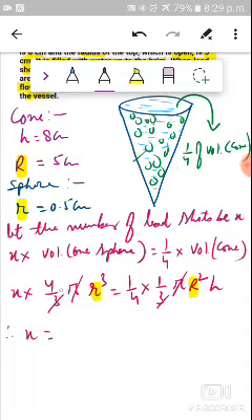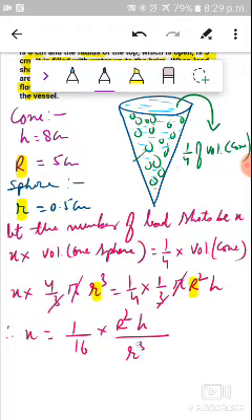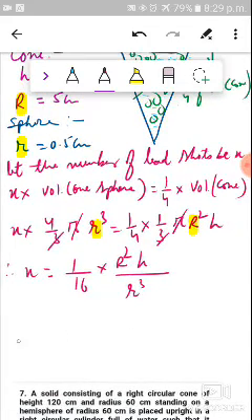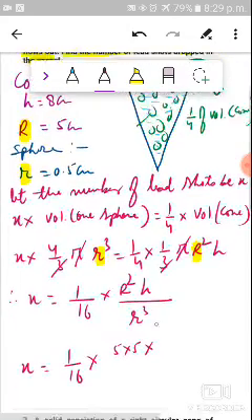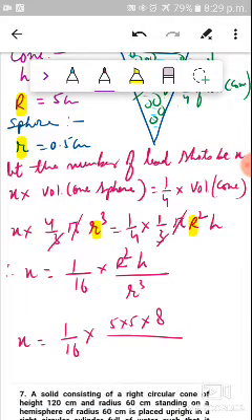Transposing 4 r cube to right hand side, so it will be 1 by 4 into 4, that is 16, and multiply R square h by r cube. Okay, then putting the values, we will have x is equal to 1 by 16 multiply capital R, that is 5, 5 multiply 5, h, that is 8, by r cube, small r, that is 0.5 multiply 0.5 multiply 0.5.